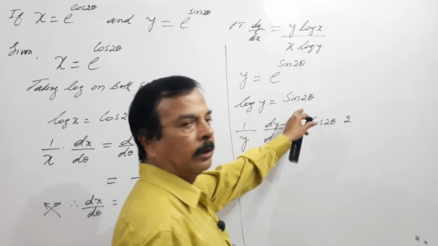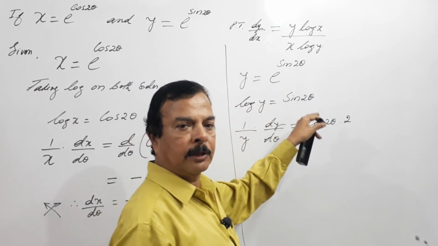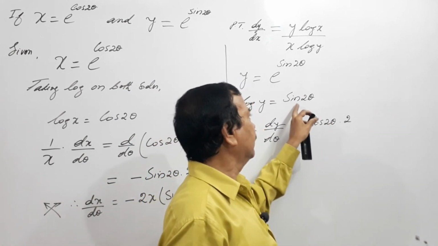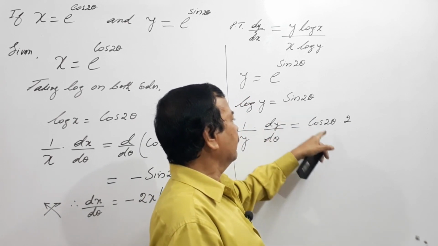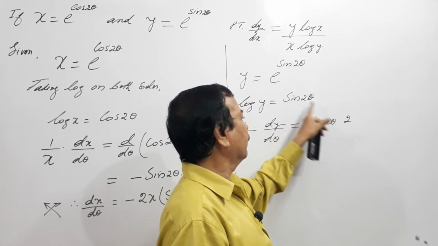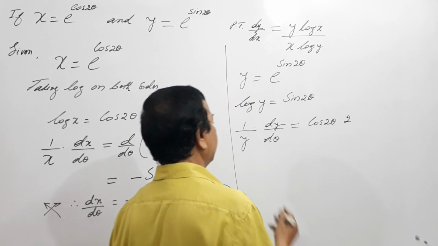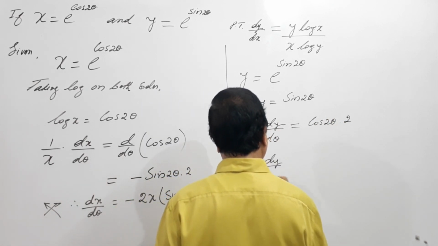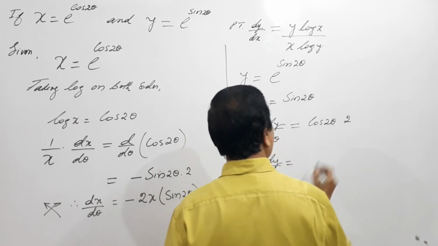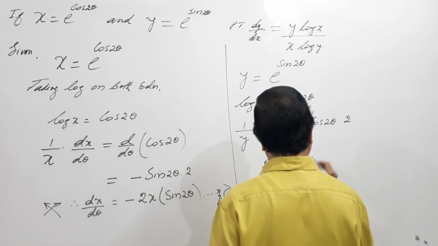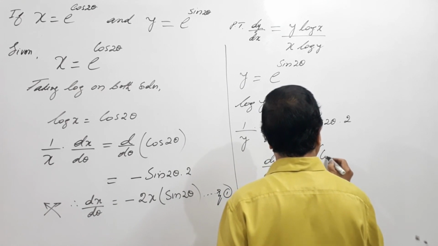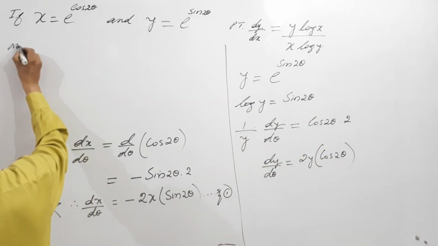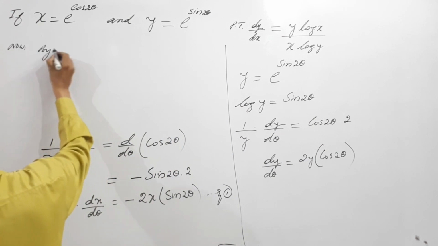If you differentiate d by dx of sin ax, it will be cos ax into a. Similarly, sin 2 theta becomes cos 2 theta into the inner function derivative. So dy by d theta equals 2y into cos 2 theta.